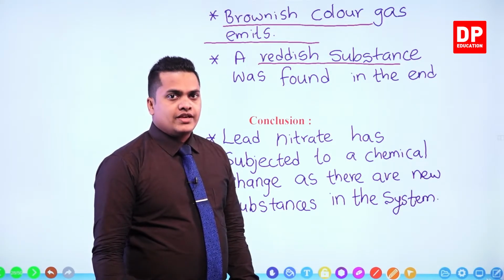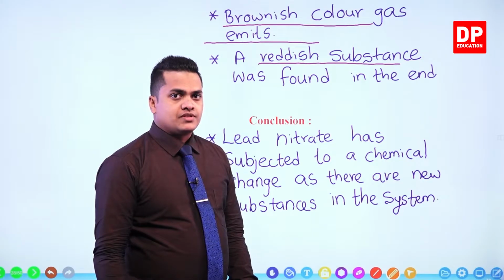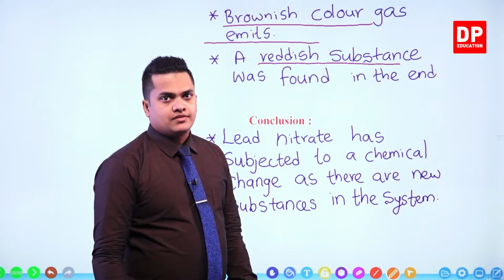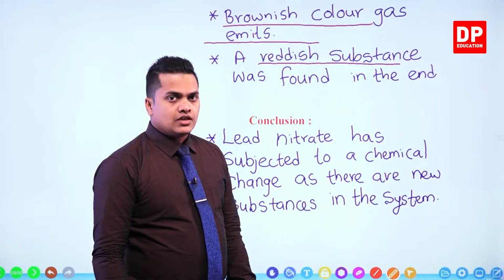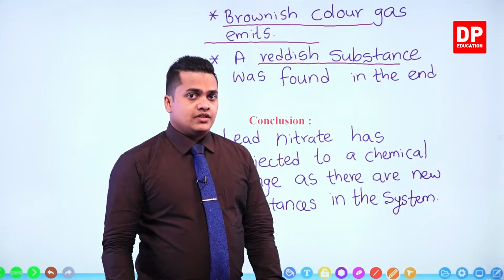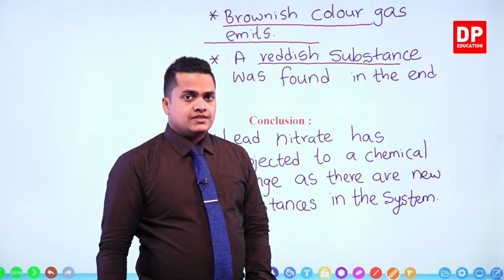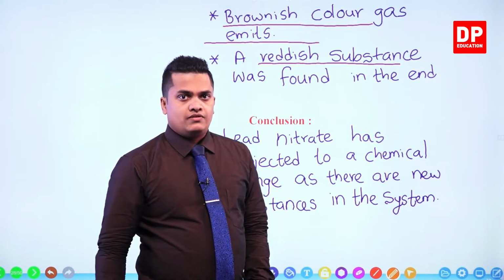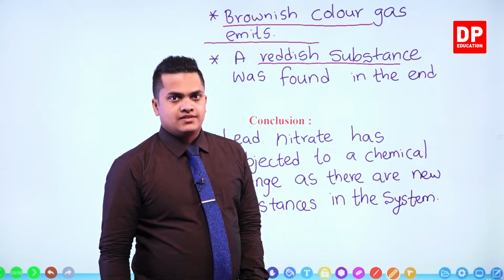So upon creation of new substances, these new substances could be a gas, right? So here we can conclude that during a chemical change, upon forming new substances, gases may evolve, right? Gases may evolve.